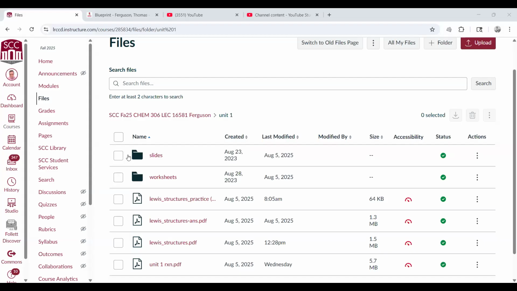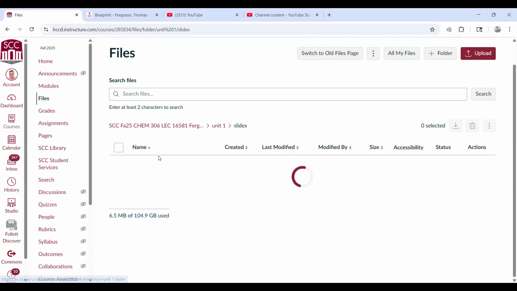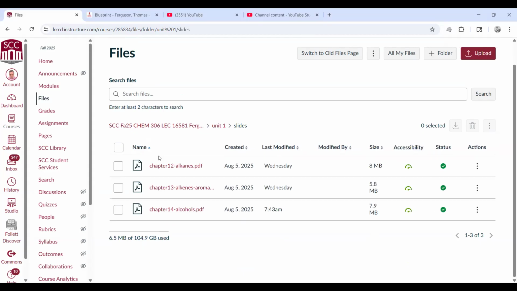You need to go to Files in Canvas, Unit 1, and here are the slides for Unit 1. So we have 3 lectures with alkanes, alkenes, and alcohols for Unit 1.